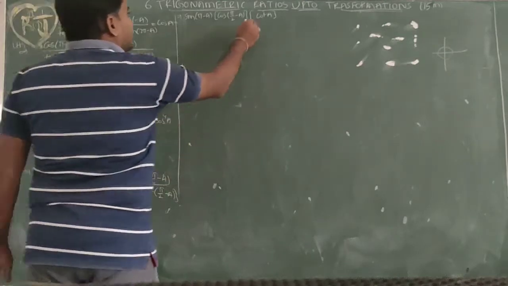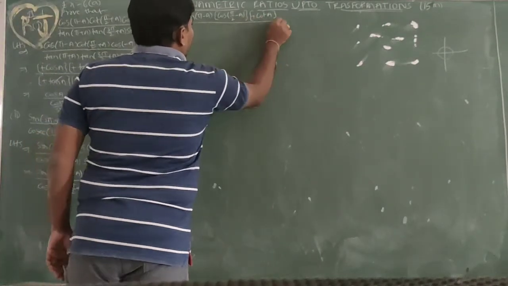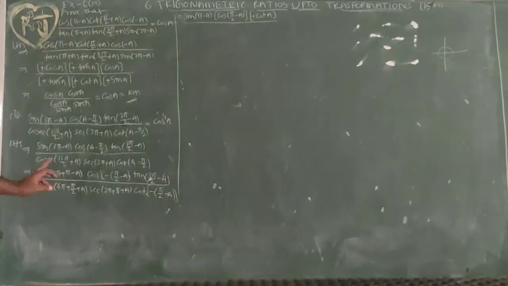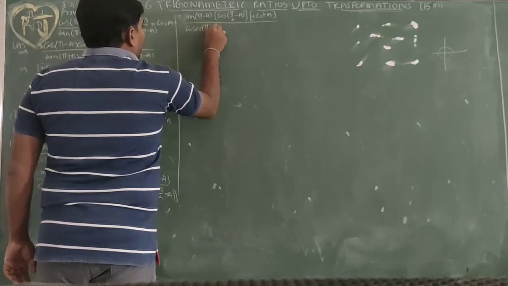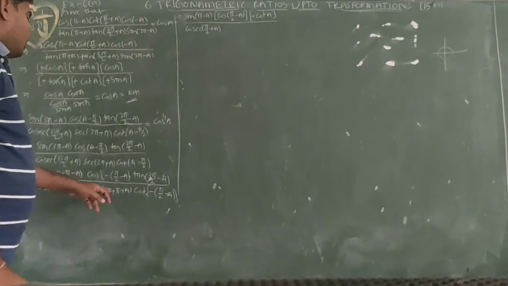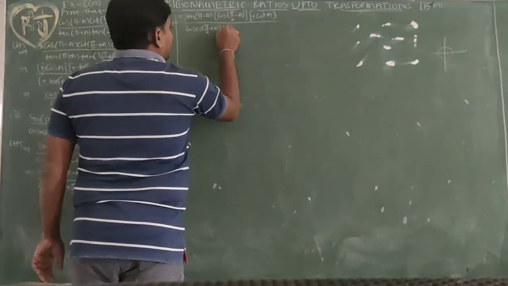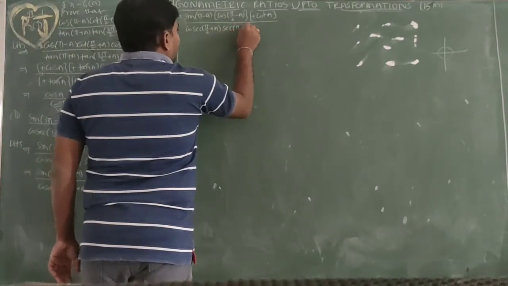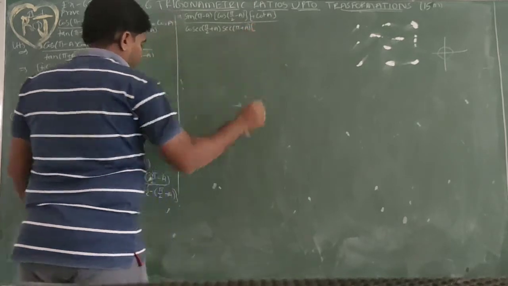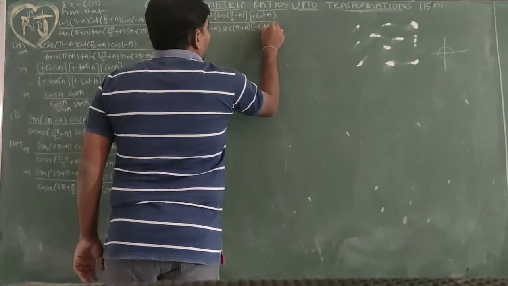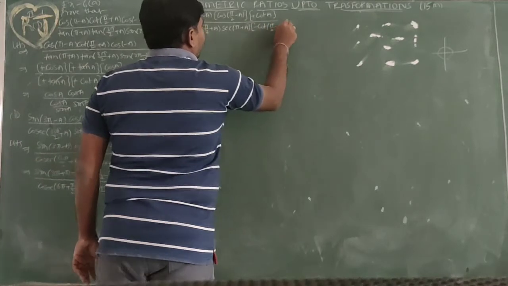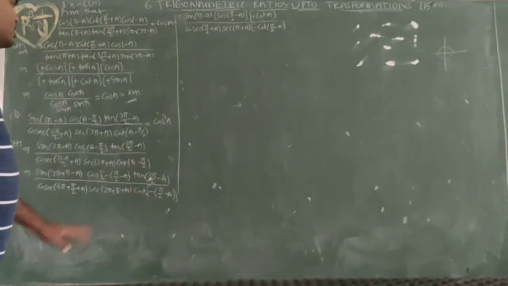So this is plus. By 6 pi is 0, cosec (pi by 2 plus a). 2 pi equal to 0, sec (pi plus a) into cot of minus theta, which is minus cot theta, so minus of cot (pi by 2 minus a).